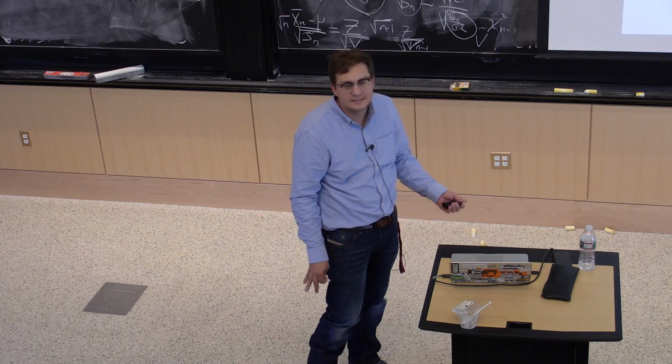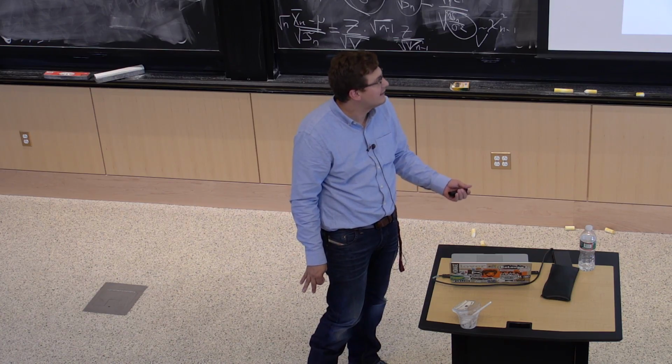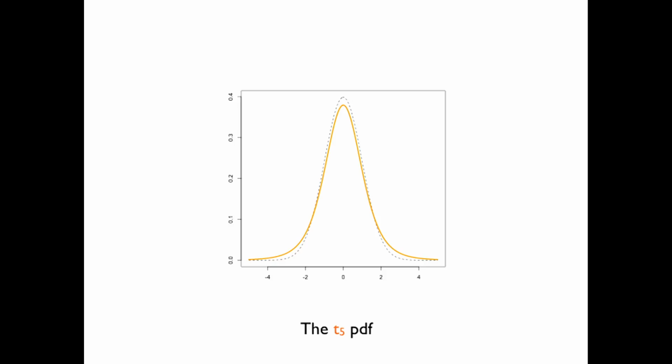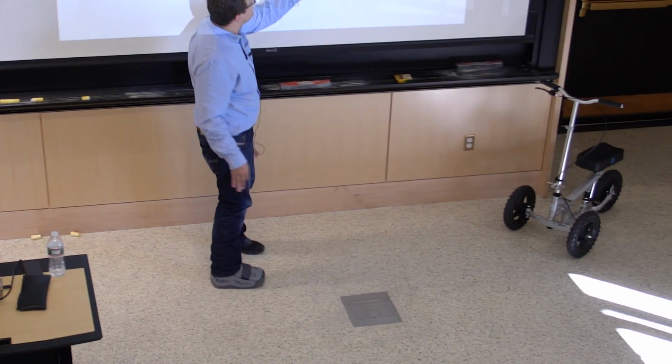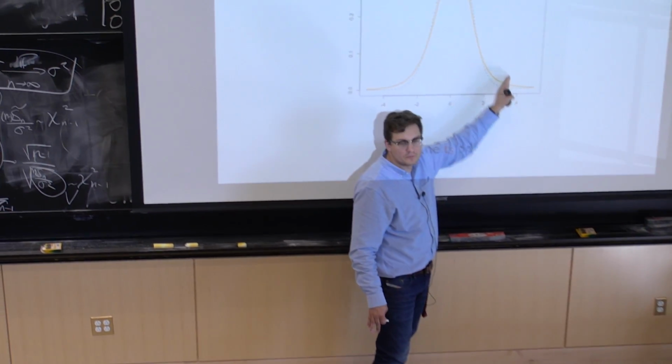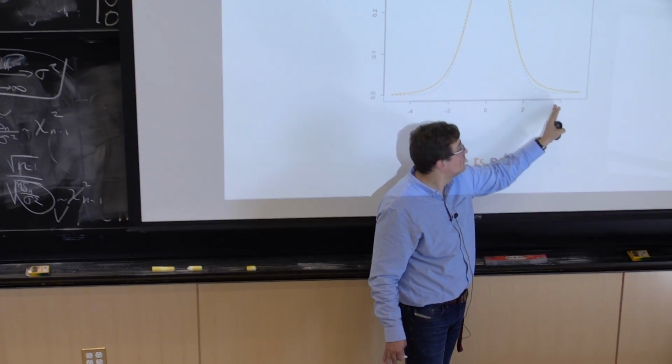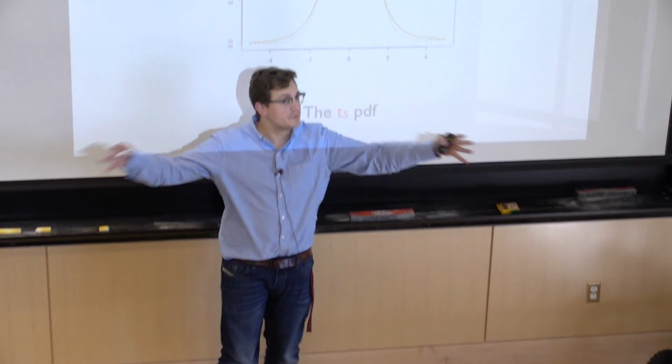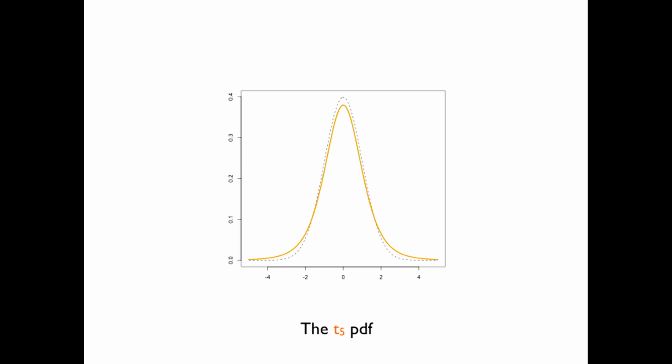You can start seeing a difference when you're at 5, for example. You can see the tails become heavier. And the effect of this is that when I'm going to build, for example, a confidence interval, to put the same amount of mass to the right of some number, let's say q alpha over 2, I'm going to have to go much farther, which is going to result in much wider confidence intervals.